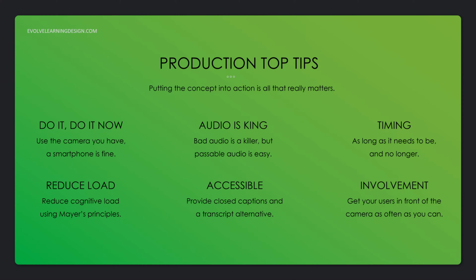But even if you're using a mobile phone, there are now a whole range of lapel mics and boom mics that attach directly to mobile devices, whether that's through the standard jack or whether that's through the Lightning connector or a USB-C connector. There's no excuse for bad audio. You can get away with bad video, but not bad audio.